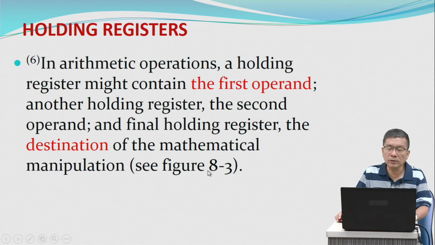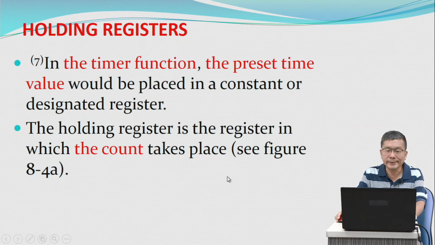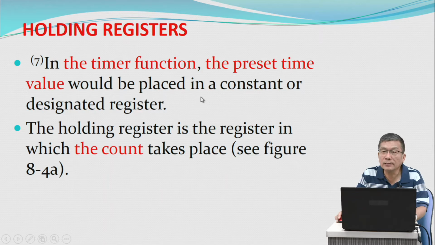See Figure 8.3. In the timer function, the preset timer value would be placed in a constant or designated register. The holding register is the register in which the count takes place. See Figure 8.4a.